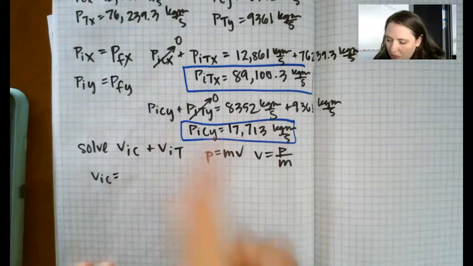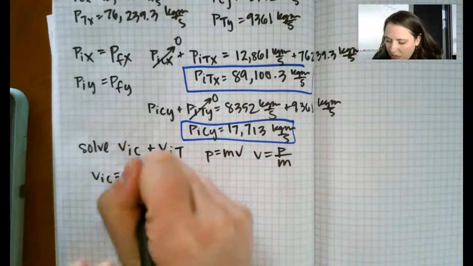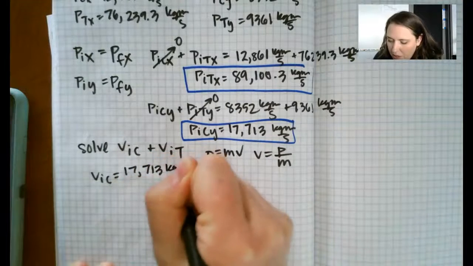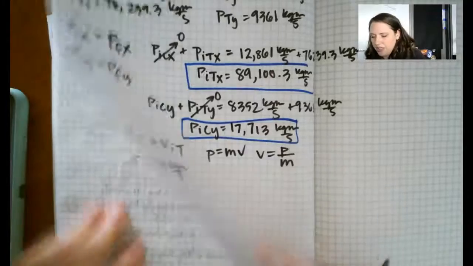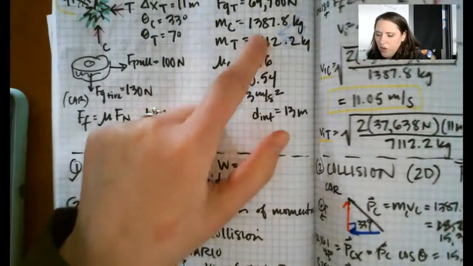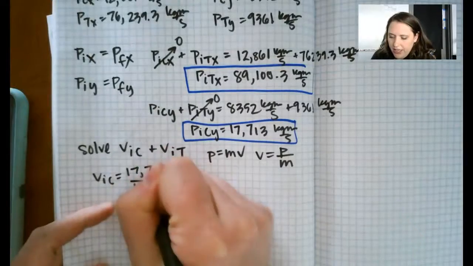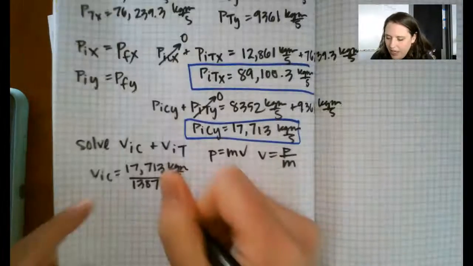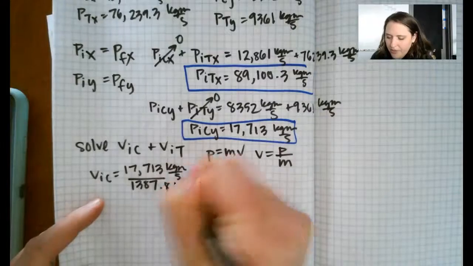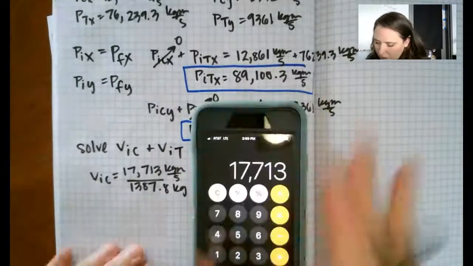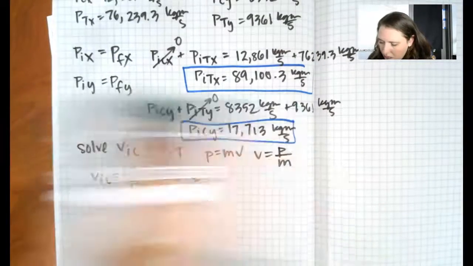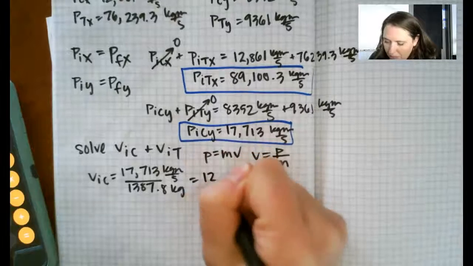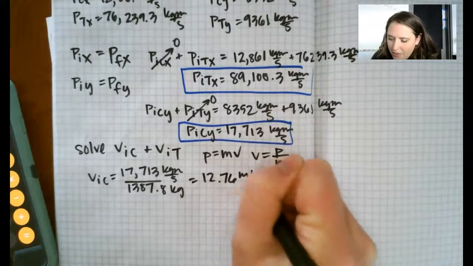It's going to be this momentum right here, 17,713 kilogram meters per second, divided by the mass of my car, which is 1,387.8 kilograms. When I plug that into my calculator, I get 12.76 meters per second.